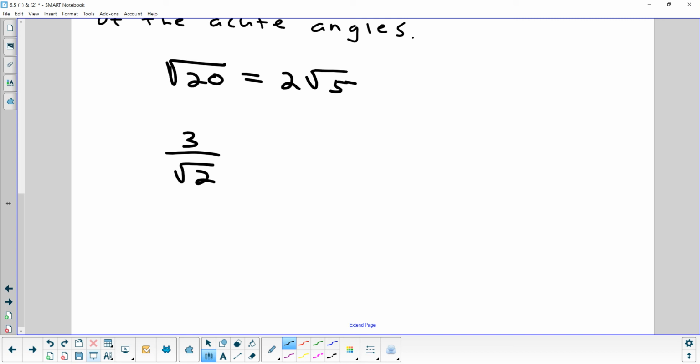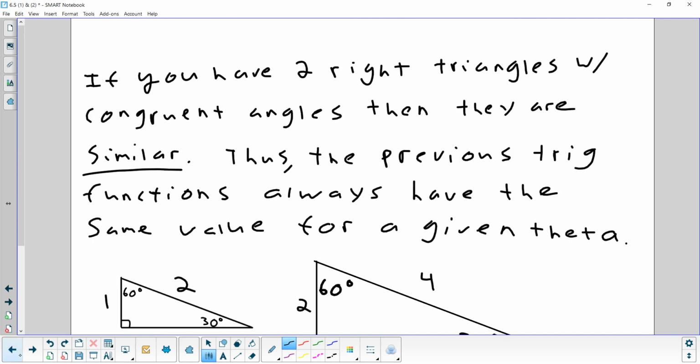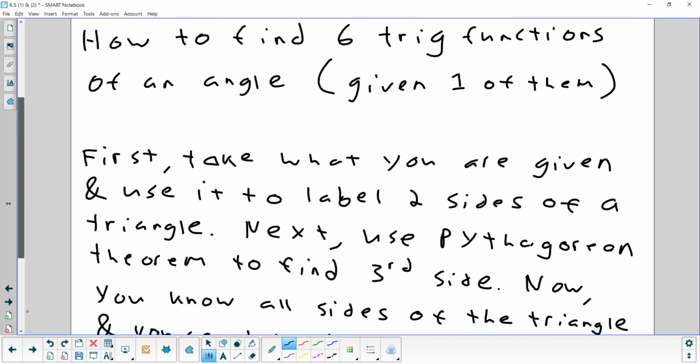Yep, multiply top and bottom by square root 2. And that's what we'd be looking for as a final answer. Okay, so no decimals. Make sure you simplify square roots as much as you can, and make sure you rationalize any fractions. Don't leave square roots in the bottom. Rationalize the denominator. All right.